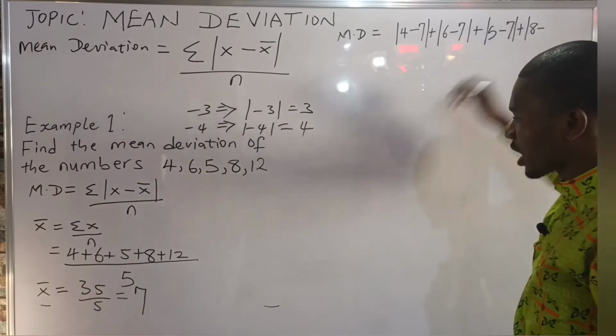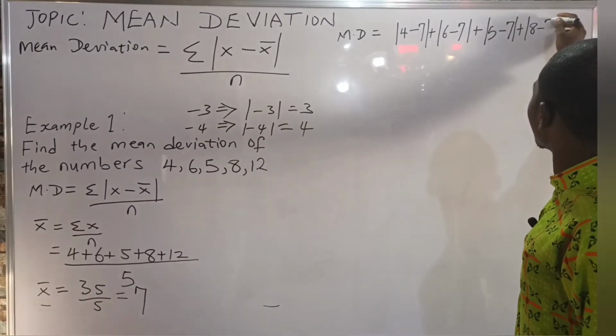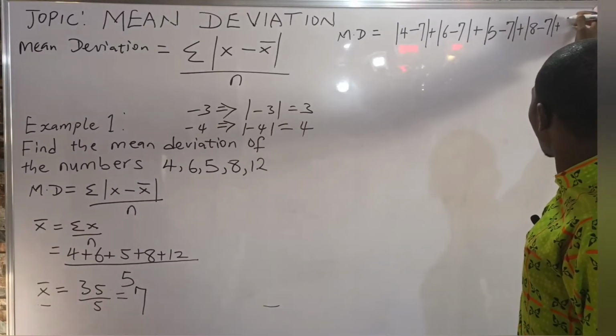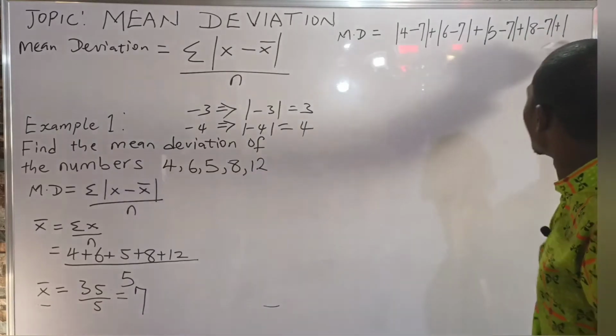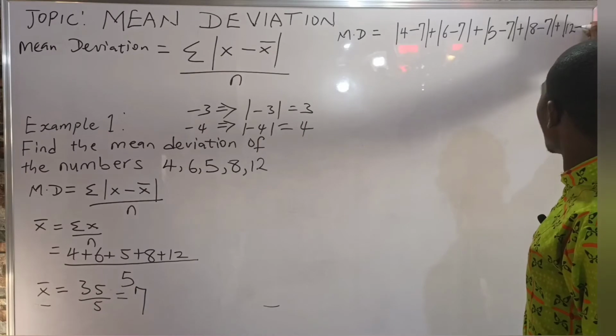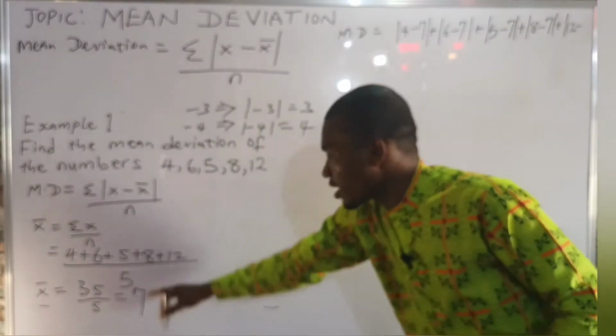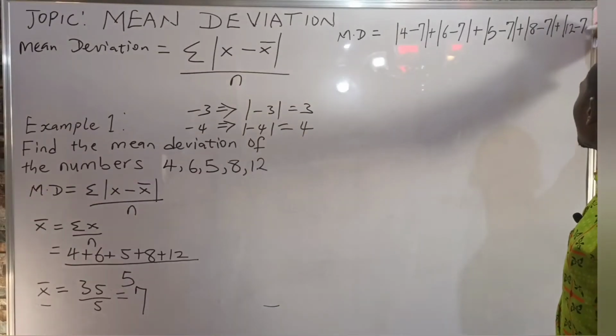So 8 minus our mean, which is 7, then plus another absolute value of the last score we have, which is 12, then minus our mean, which is our bar x, which is 7.